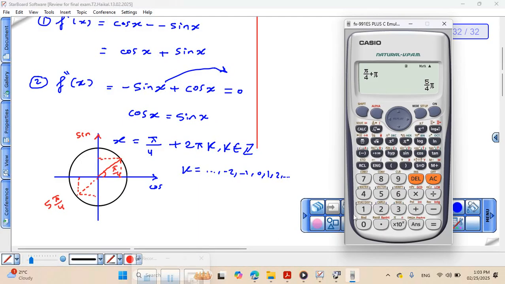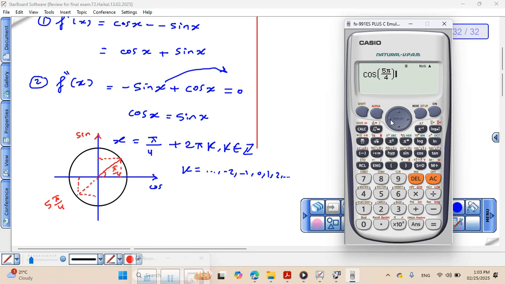To check, cosine of 5 pi over 4. What is the answer? Negative radical 2 over 2.